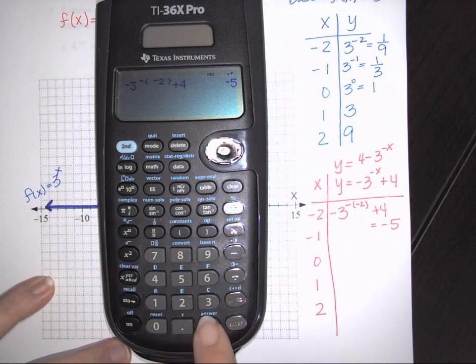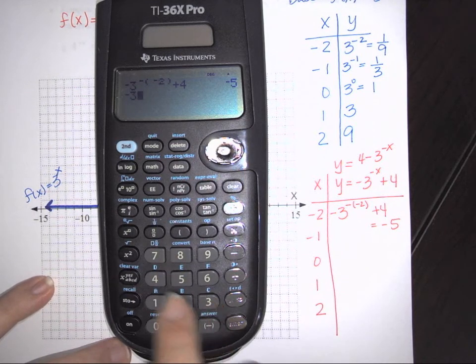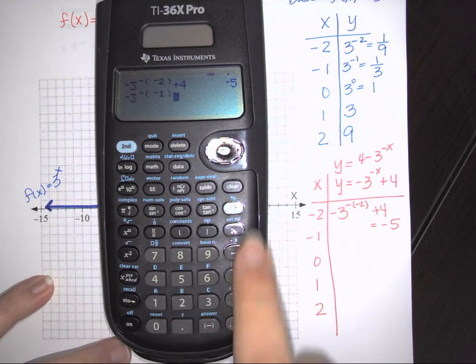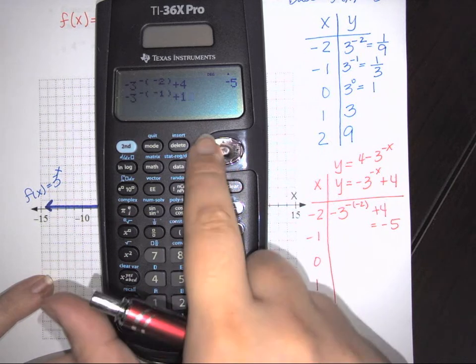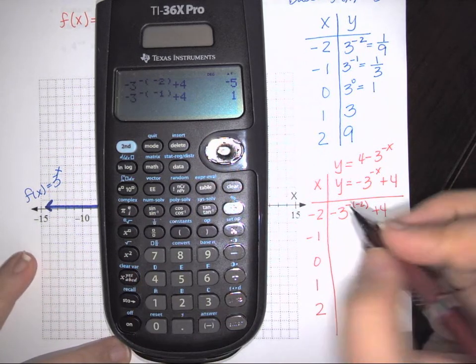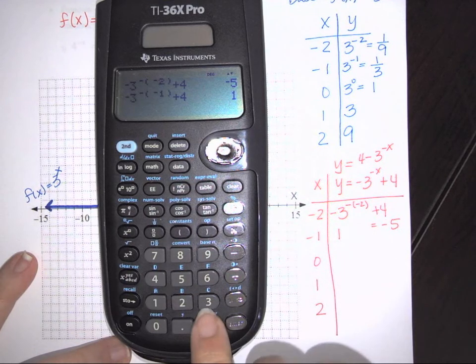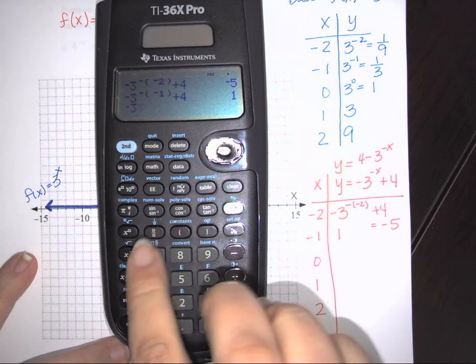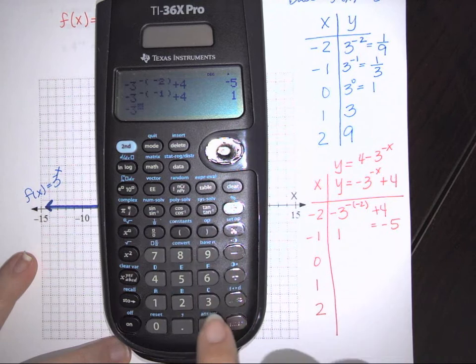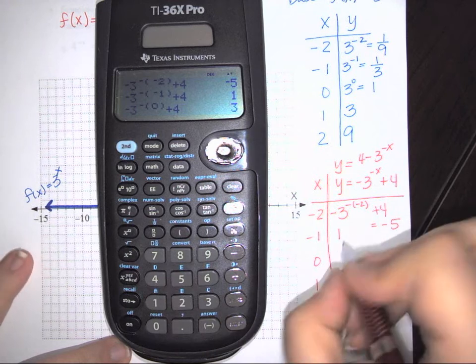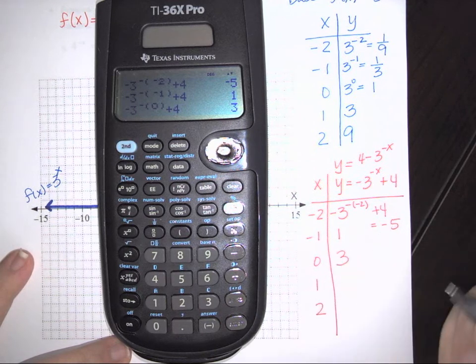Okay, so here I've got negative 3. I'm going to open my power and do negative of my negative 1 plus 4, which gives me 1 as a result. Now I'm going to raise it to the 0, negative 0 plus 4 gives me 3.